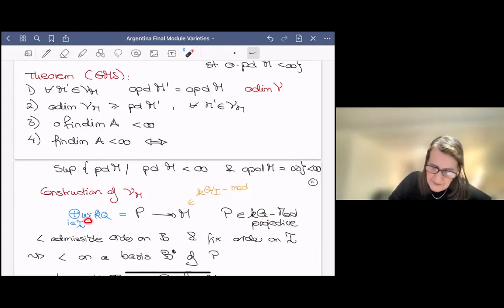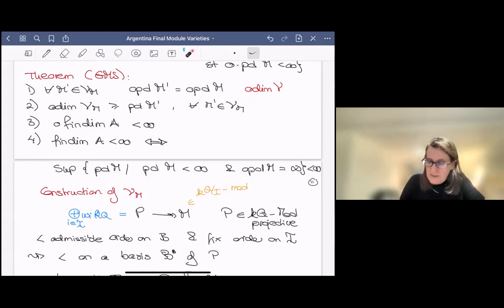So they are a direct sum of projective modules of the form vertex times the path algebra. I'm considering right modules.